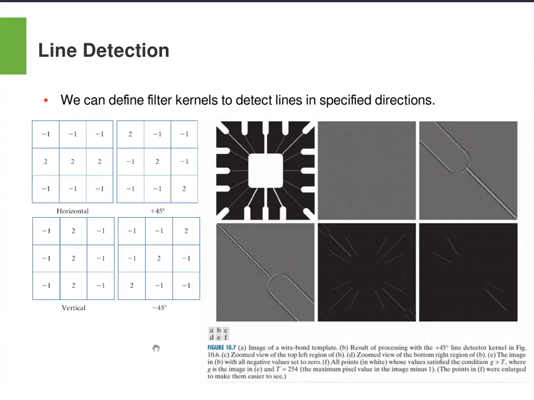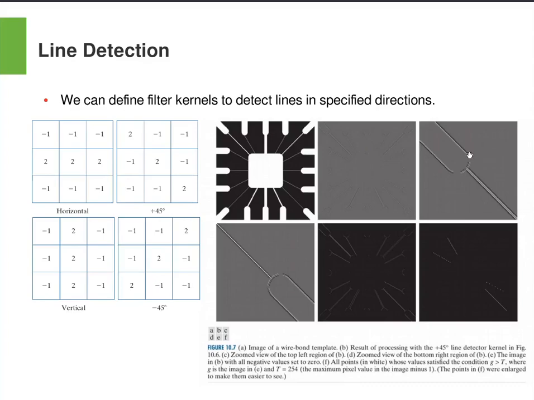Here we have the same image as before, and the goal here is to detect diagonal lines in the direction of positive 45 degrees. What we do is apply this kernel to the image by doing 2D convolution, and this is the result of applying the convolution.